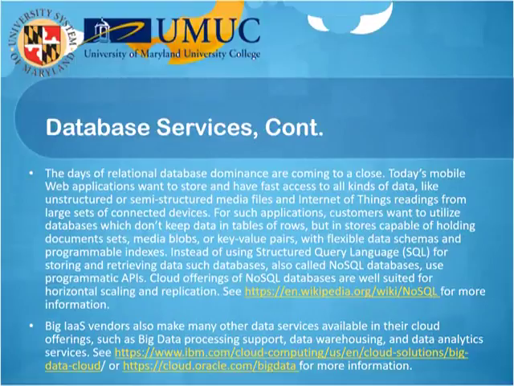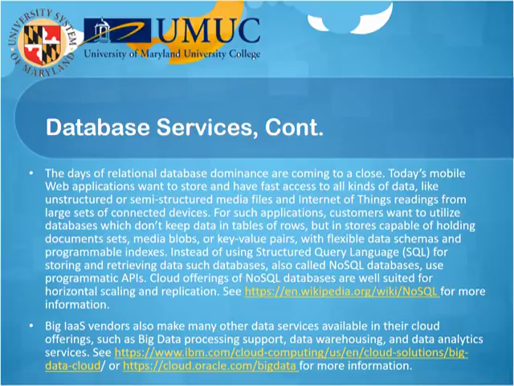The days of relational database dominance are coming to a close. Today's mobile web applications want to store and have fast access to all kinds of data, like unstructured or semi-structured media files and Internet of Things readings from large sets of connected devices. For such applications, customers want to use databases which don't keep data in tables of rows, but rather in stores capable of holding document sets, media blobs, or key value pairs, with flexible data schemas and programmable indexes.